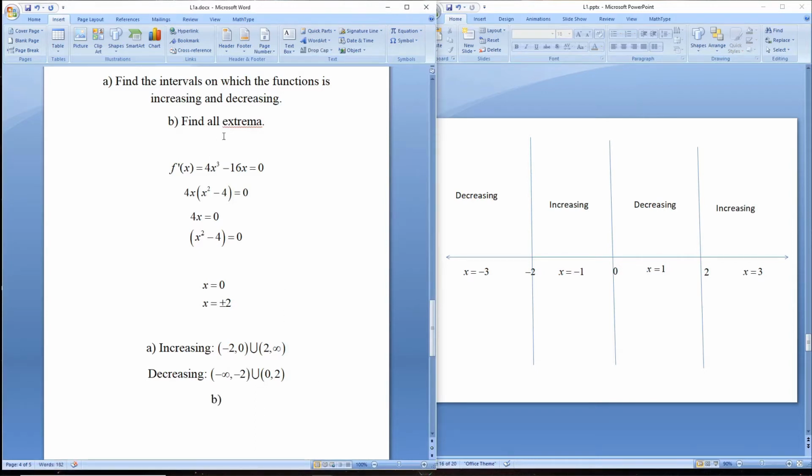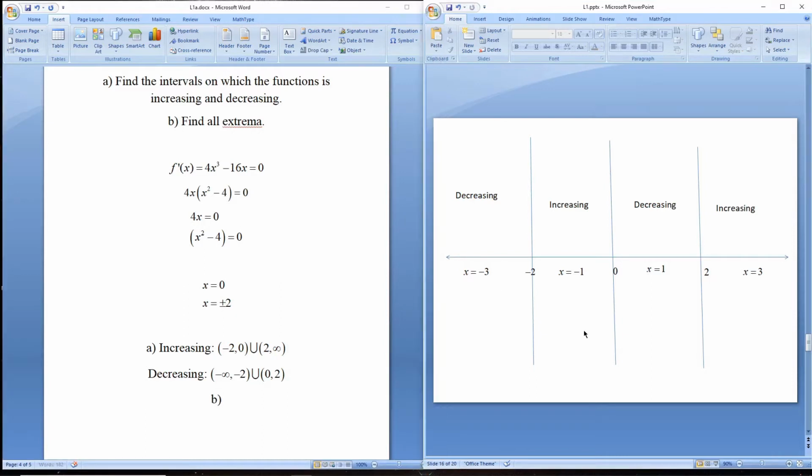So now we want to go to find all extrema. So again, we'll look at our work over here. And if we're going from decreasing to increasing, we decrease. Do we decrease to a max? Nope. We decrease to a min. And so minus 2 must be a local min.